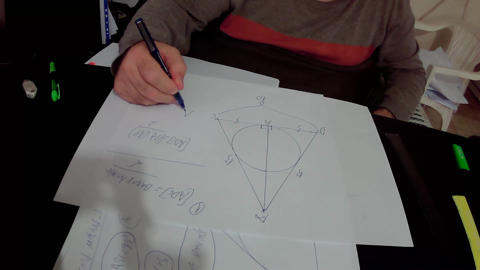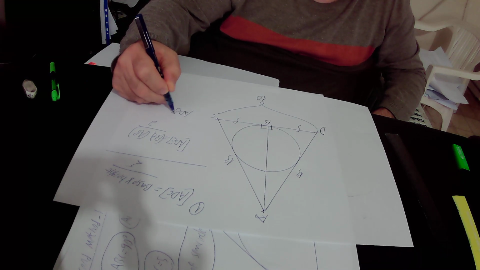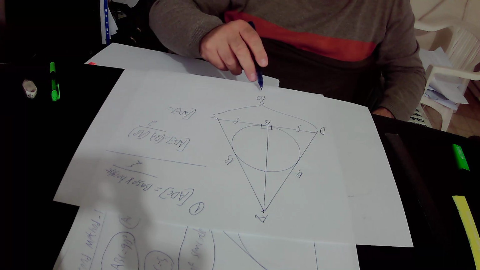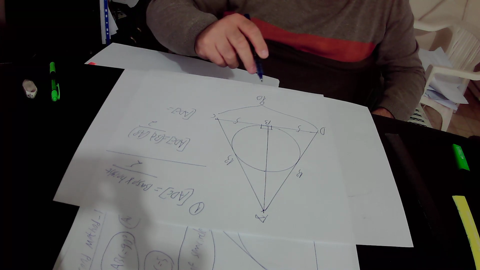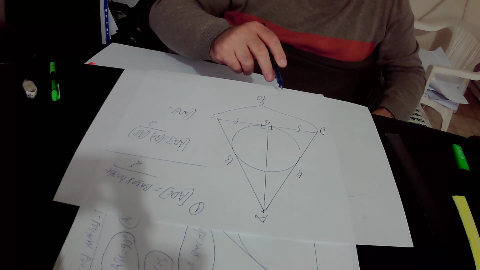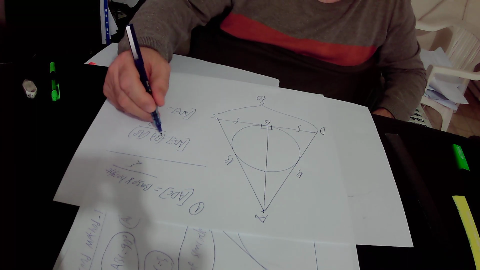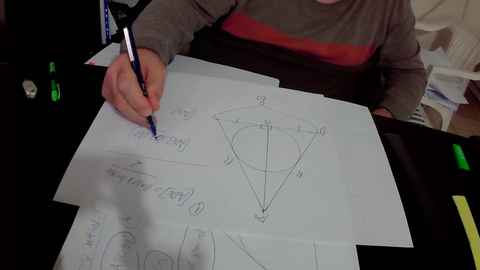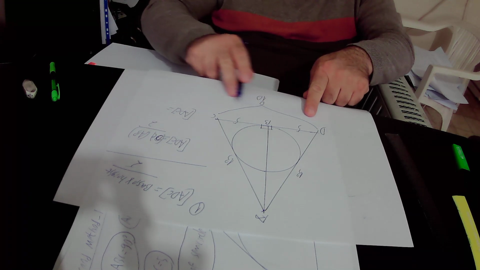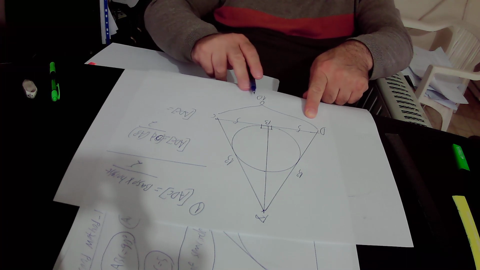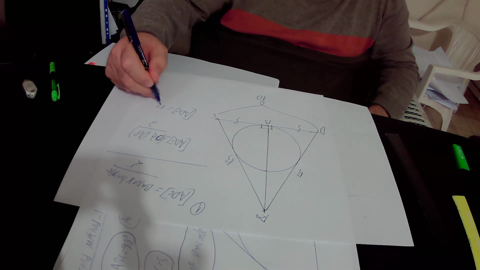So the area of triangle ADC is equal to the base. The base is DC, as you can see. DC equals 10 units.